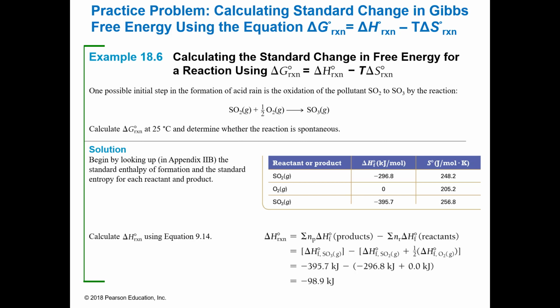The other thing I see in this problem is students don't watch their units. You've got to watch your units because that's going to become important, especially when we plug it into the Gibbs free energy equation. All right, so you got half of it done. Now you got to calculate the standard entropy of the reaction. So you may want to pause, solve for that.